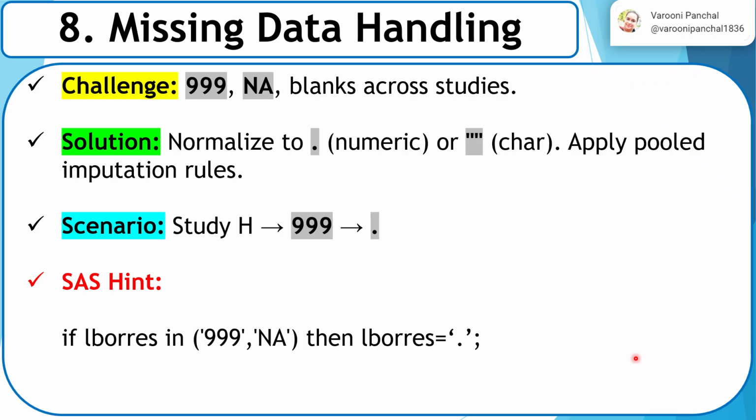So ensure that the correct blank values and the correct missing data are converted into the specific numeric missing or character values appropriately. If possible, you can check your study records 2 to 3 times to ensure that consistency is maintained.